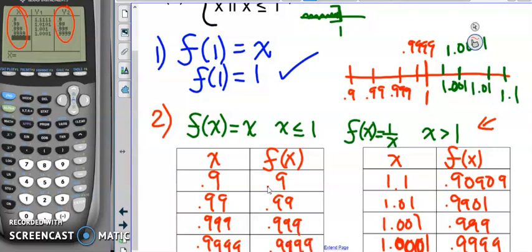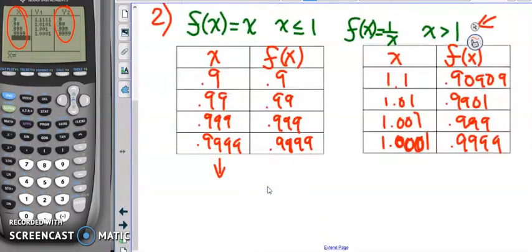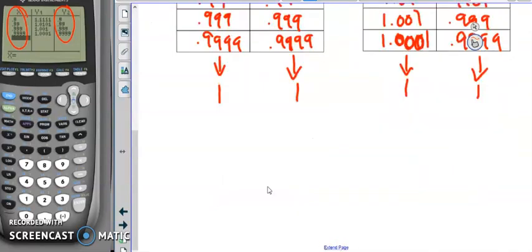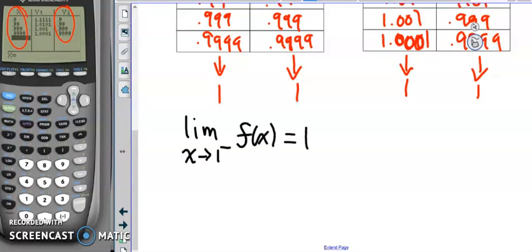Right? So with this, as x approaches 1 from the left side, y approaches 1. And as x approaches 1 on the right side, y approaches 1. So as x approaches 1 from the left side of f of x, we get an answer of 1.